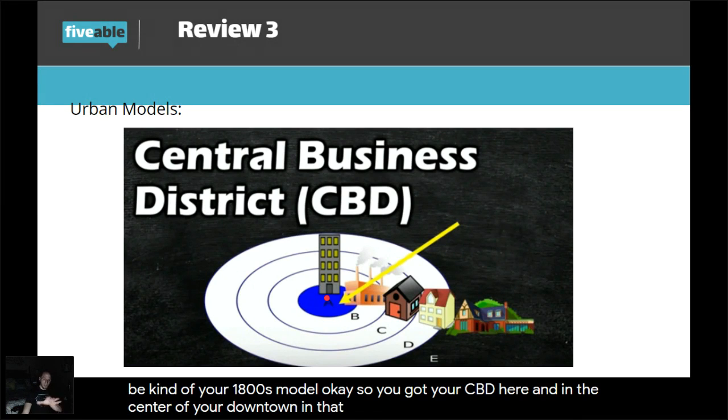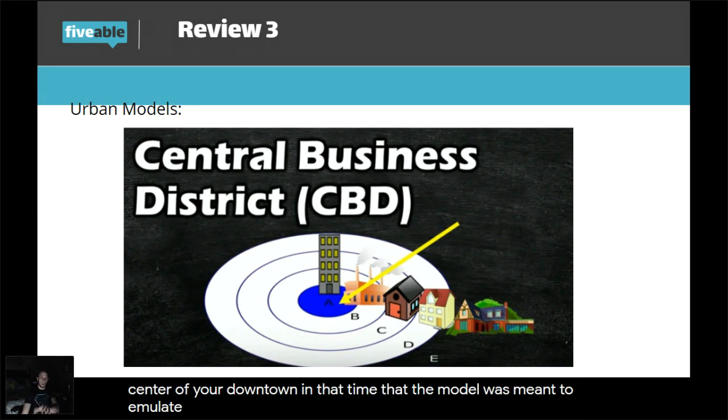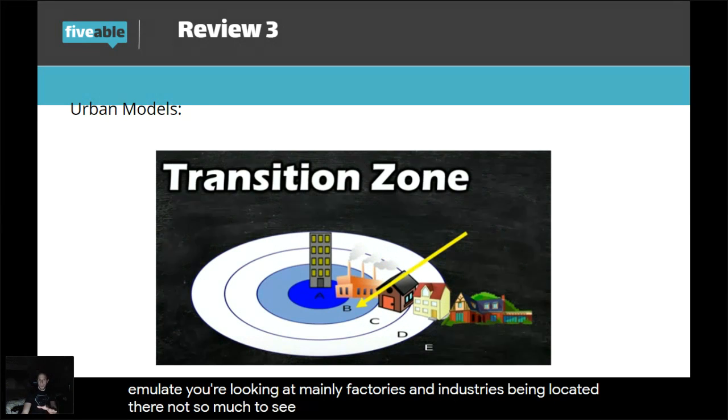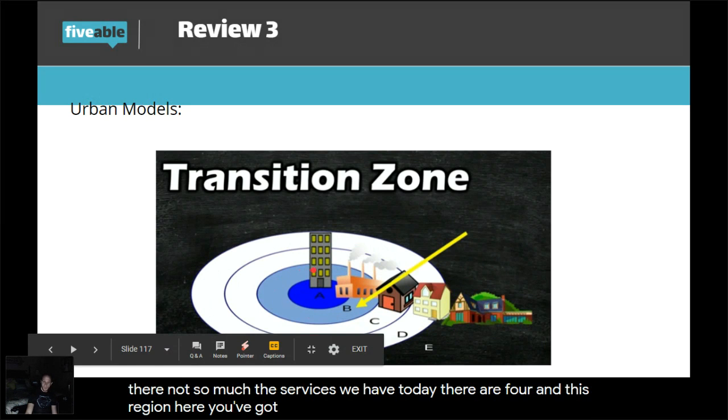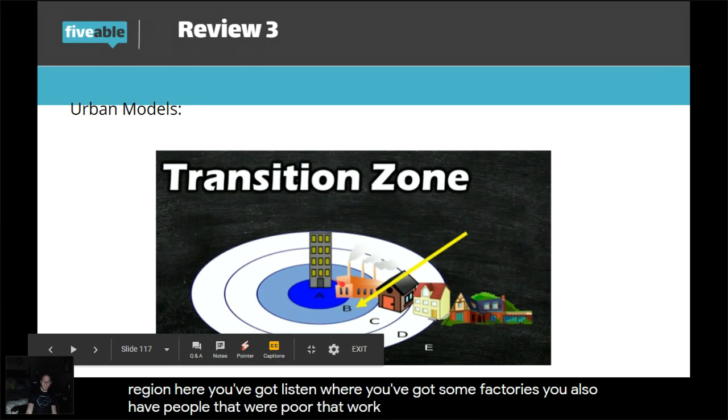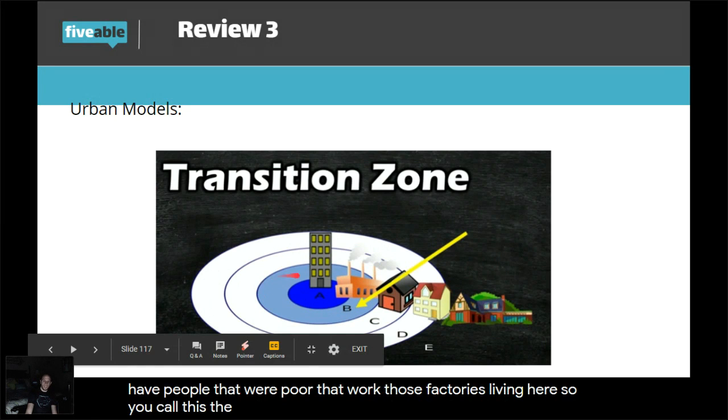In that time that the model was meant to emulate, you're looking at mainly factories and industries being located there, not so much the services we have today. Therefore, in this region here, you've got kind of a transition where you've got some factories. You also have people that were poor that worked those factories living here. So you call this the transition zone.